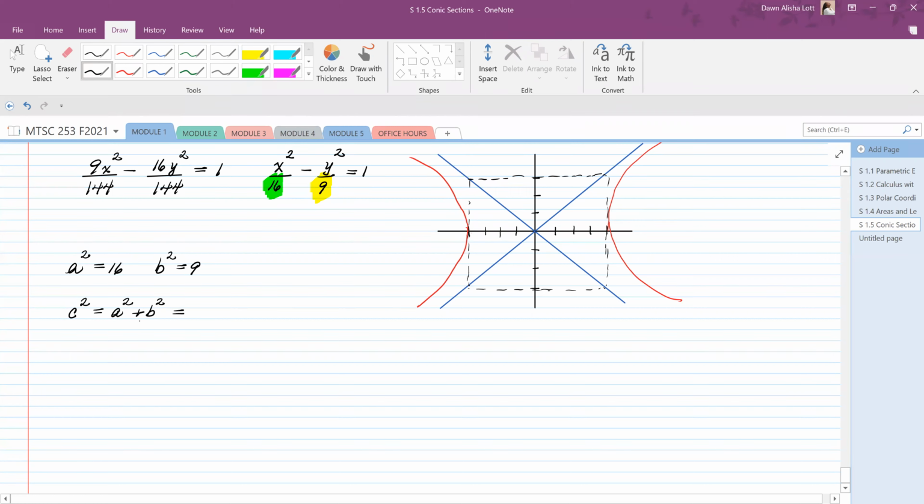So that turns out to be 25. So therefore c is 5. So the eccentricity is c over a, just 5 over 4.